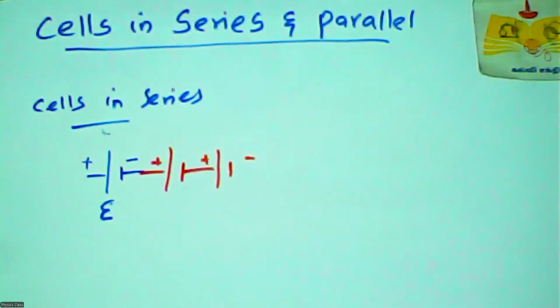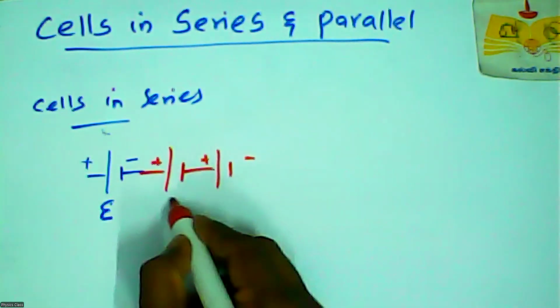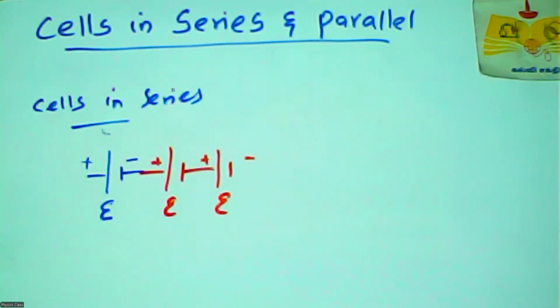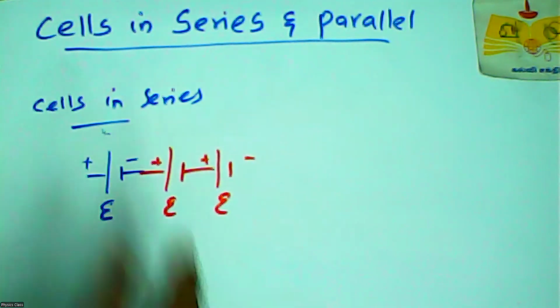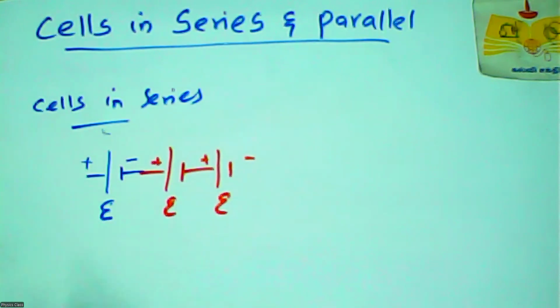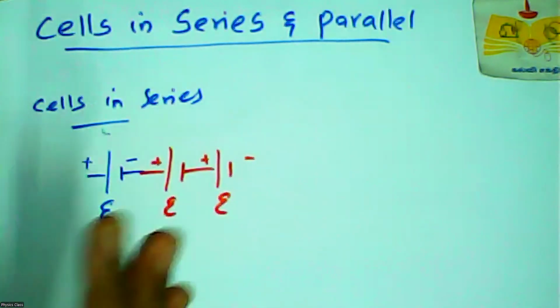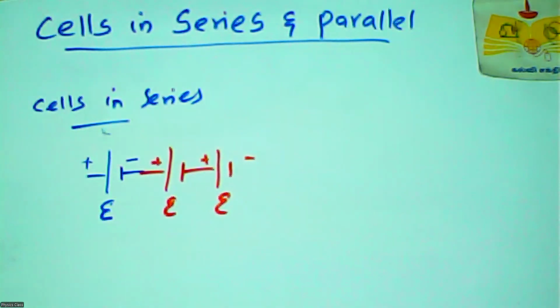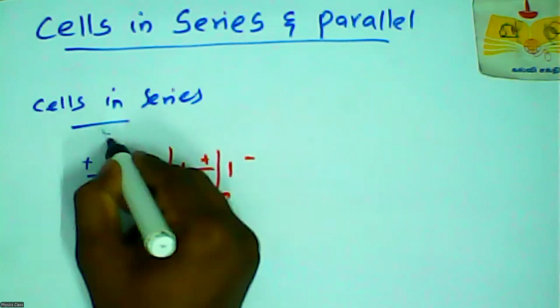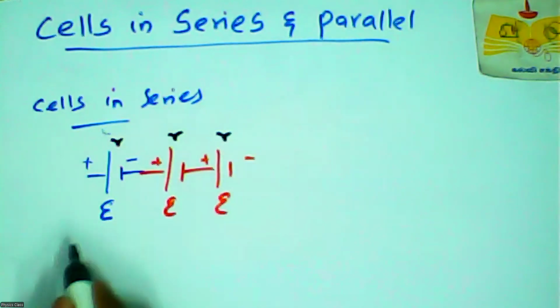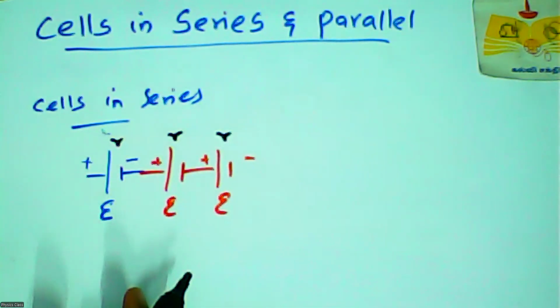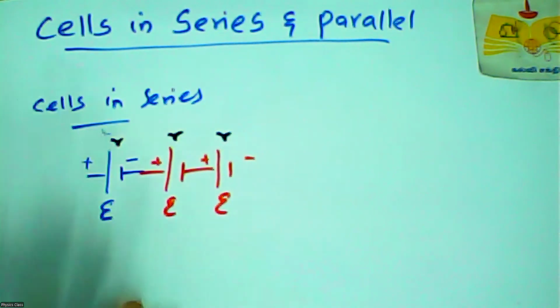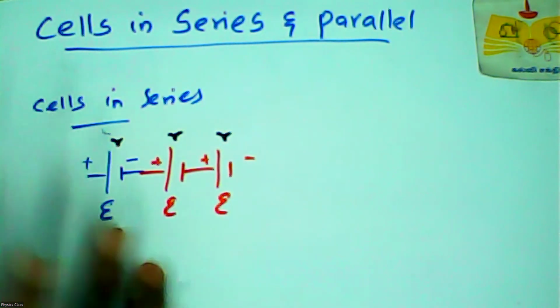It has an EMF and an internal resistance, because every cell, every battery has internal resistance. We can write small r. The value may vary according to the respective battery or cell. So it has an internal resistance and an EMF.